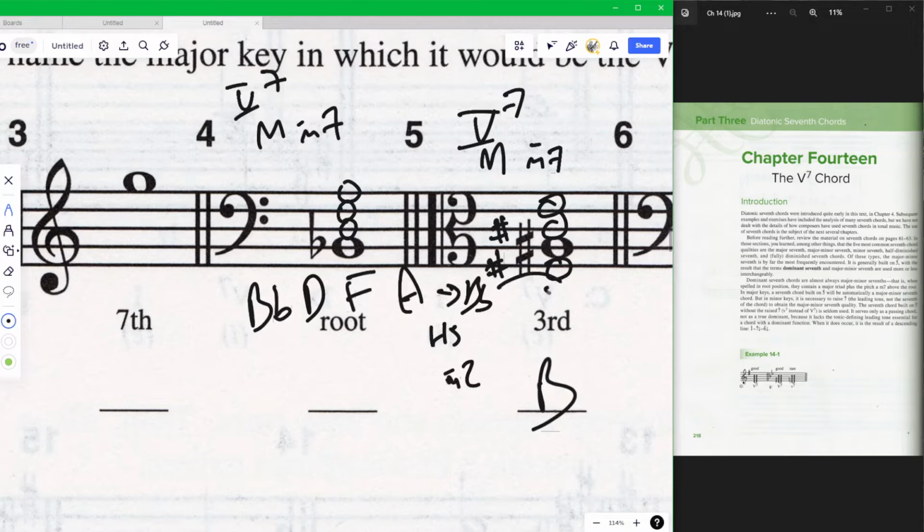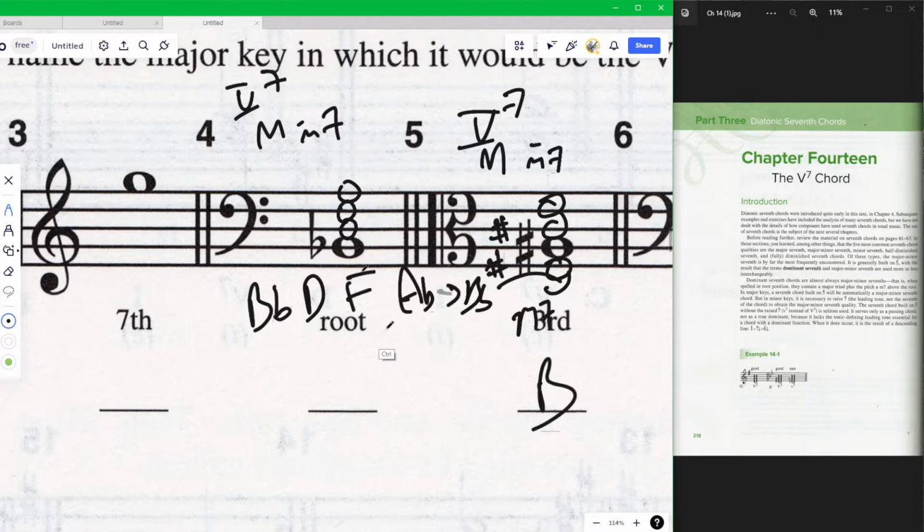When you flip that, this is going to be a major 7th. So no, we don't want that. We want this to be one whole step away. So this needs to be an A flat. We need to move it back further. Now A flat to B flat, that's a whole step, which is a major 2nd. When you invert that, B flat to A flat, that's the minor 7th.